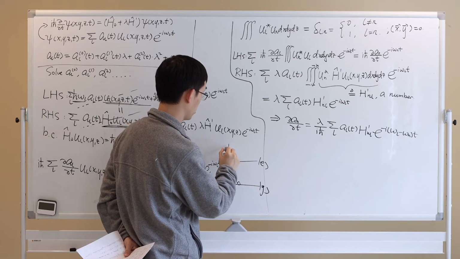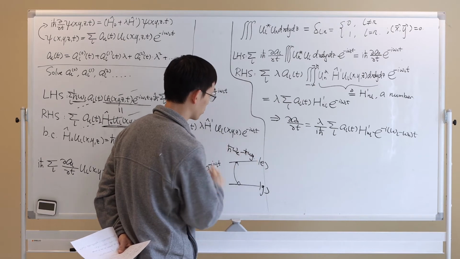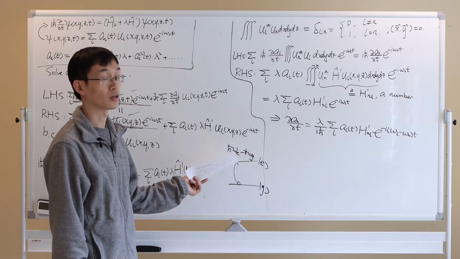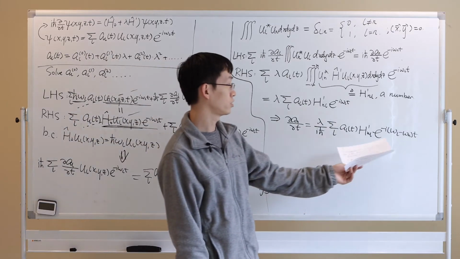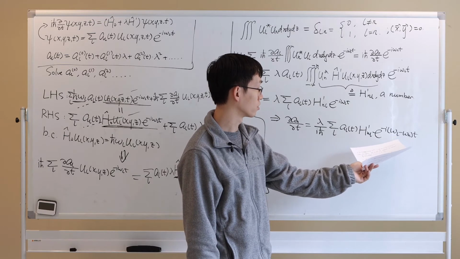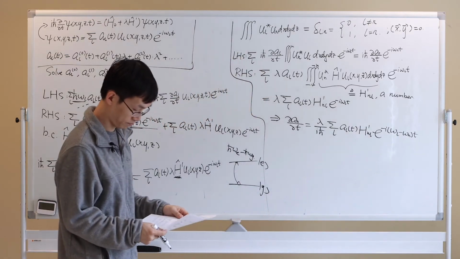The only thing that matters is ħω_e minus ħω_g, your energy difference between these two. So that's why eventually the exponential term is a frequency difference.